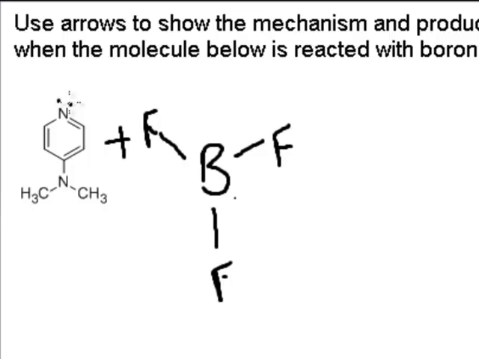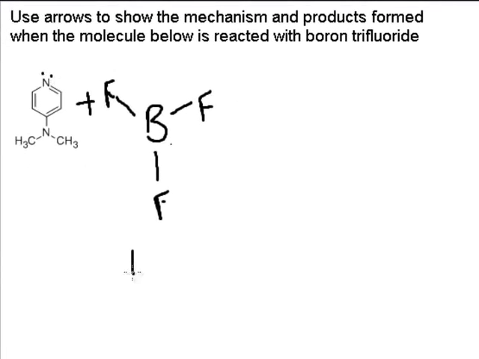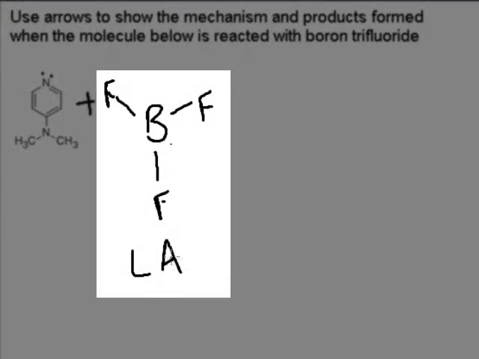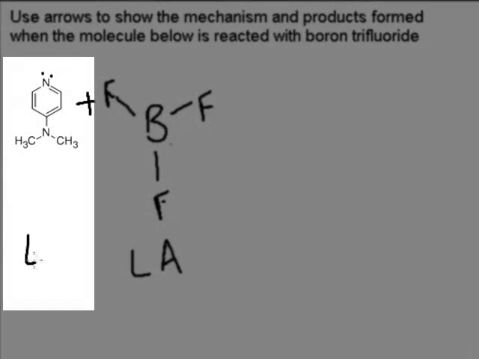If you remember your definition of a Lewis acid and base, we're actually doing an acid-base reaction. So the Lewis acid, or the electron acceptor, is boron trifluoride. The Lewis base, or electron donator, is the nitrogen-containing compound.